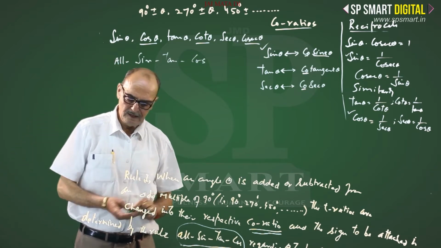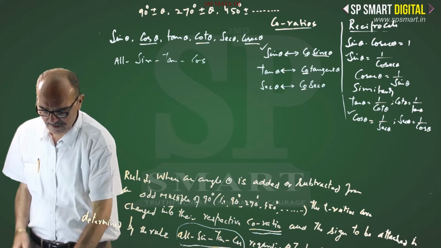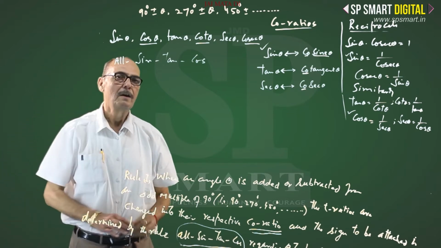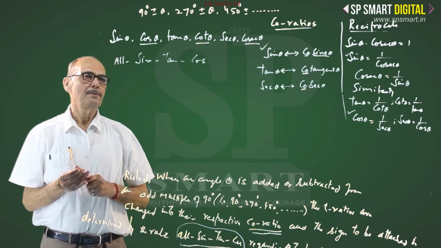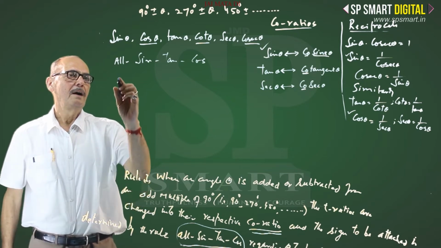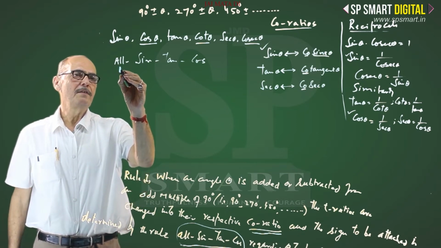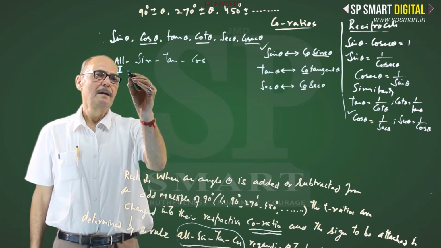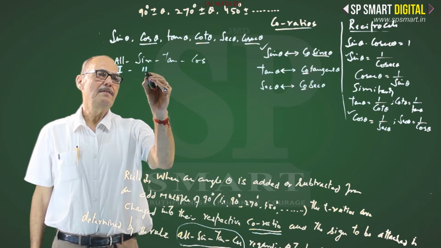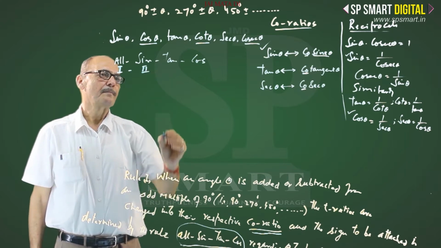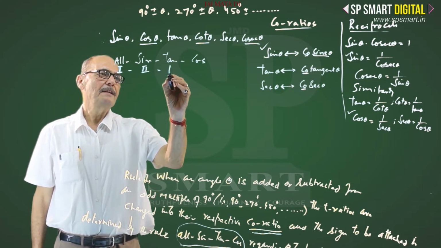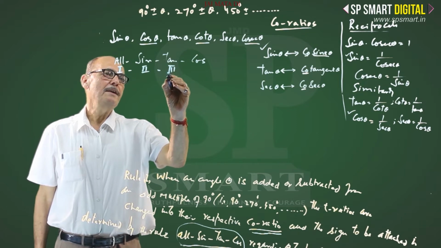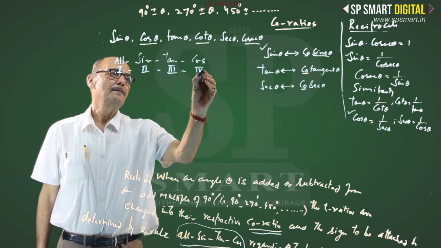In this case all trigonometric ratios are positive in the first quadrant, sin theta is positive in the second quadrant, tan theta is positive in the third quadrant, and cos in the fourth quadrant.